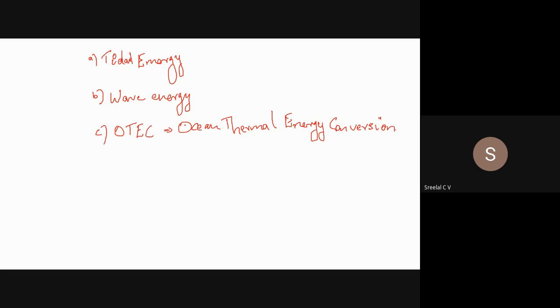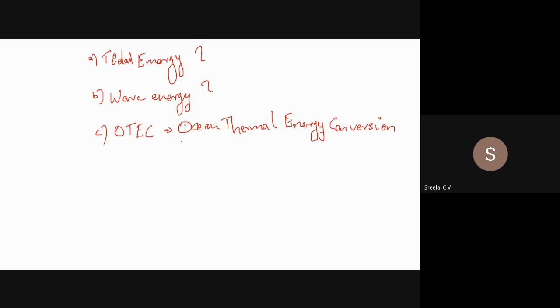While writing about this, you have to indicate all these three processes or techniques. The first is tidal energy, the second is wave energy, and the third is OTEC, ocean thermal energy conversion. We already discussed tidal energy. Next is wave energy, which we will talk about.